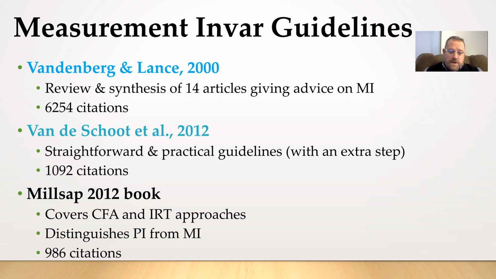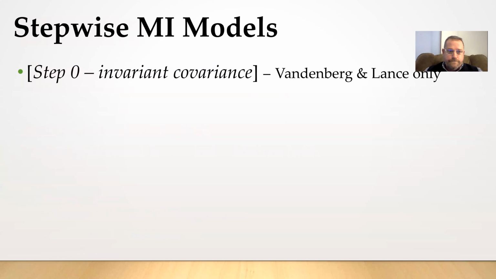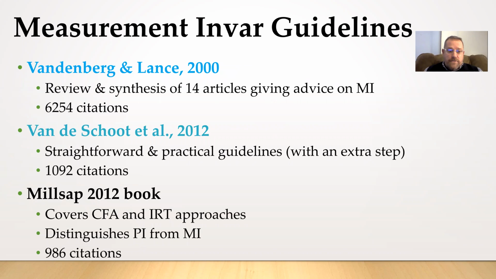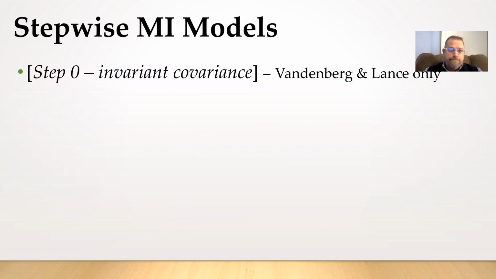So we won't get into it as much as what Millsap has to say on the subject, but those were some of the main things that I would point you toward if you want more information. And I will upload those first two in the HSDG folder on Blackboard.